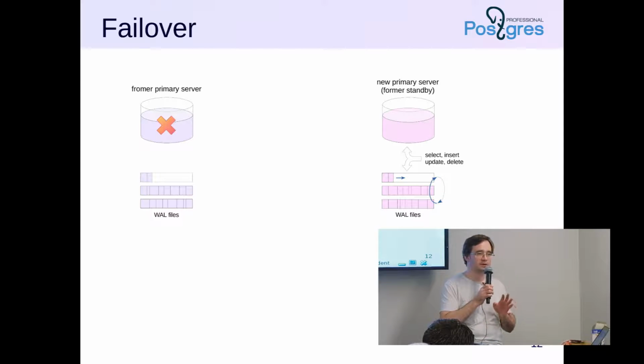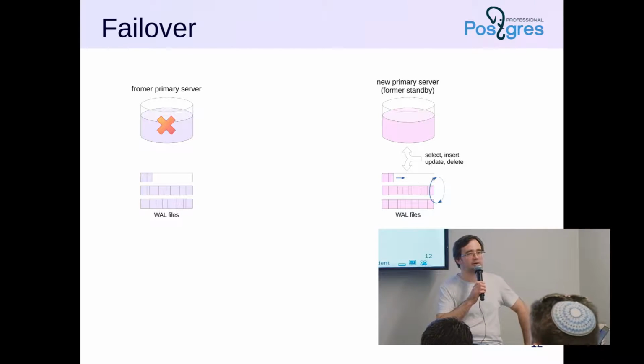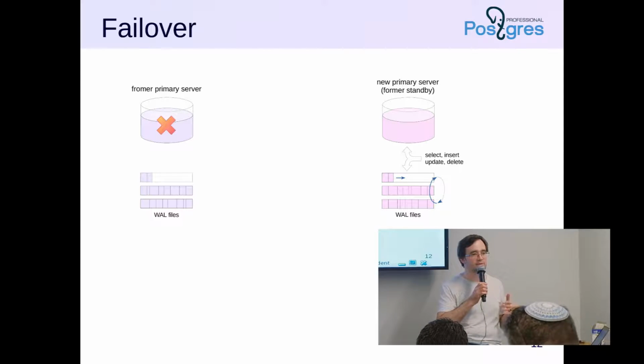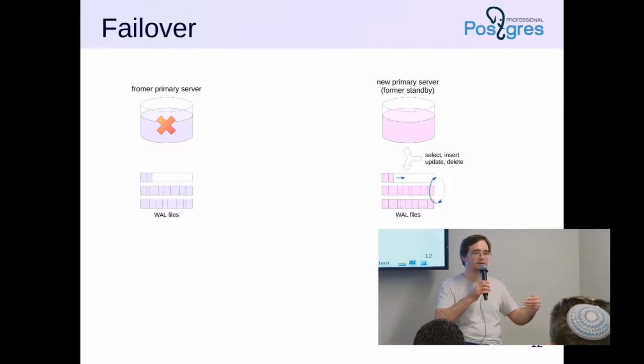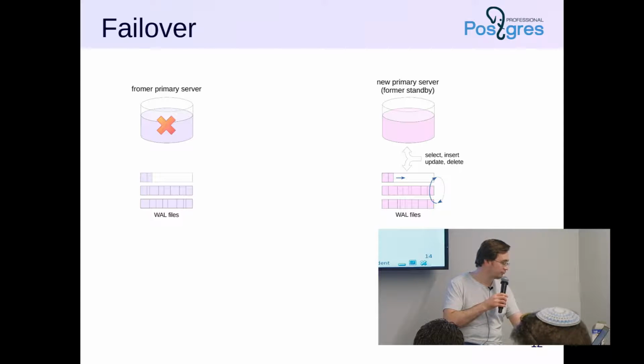So they can diverge at some point, and one server may have some WAL records and another may have another set of WAL records. And in this case, you can use the pg_rewind utility to rewind your old primary server to the point of convergence, and then you can restore it.